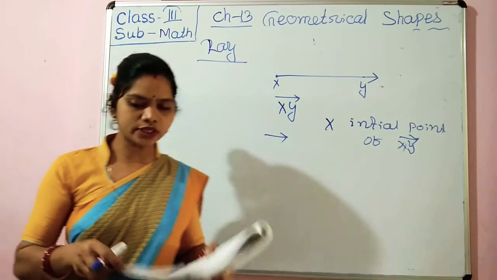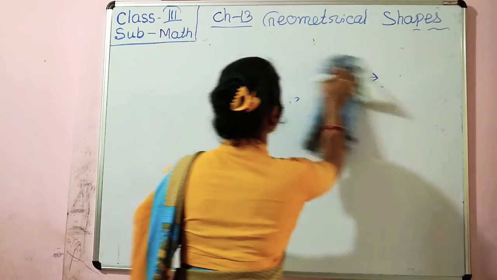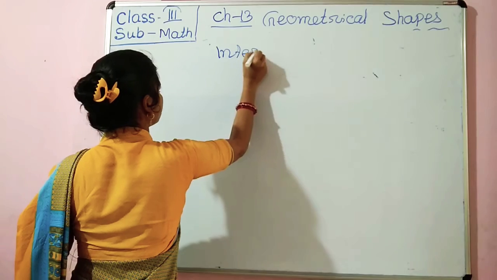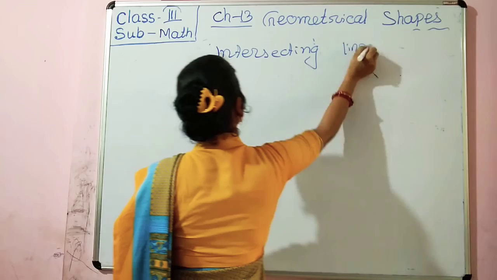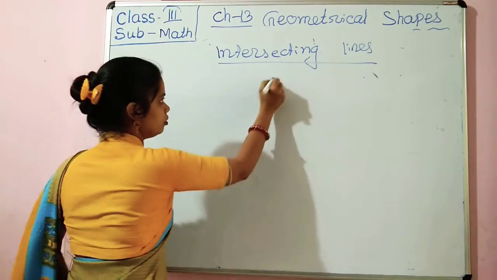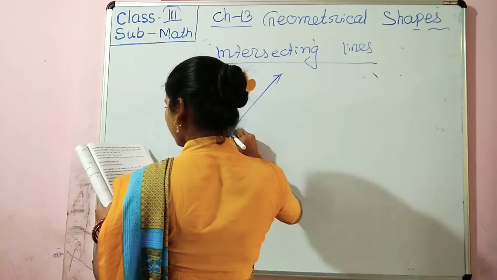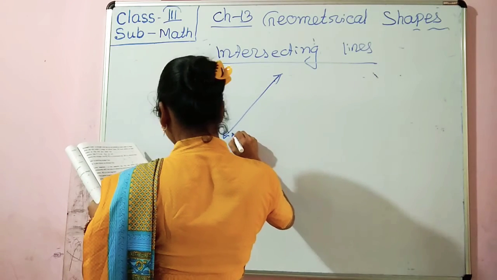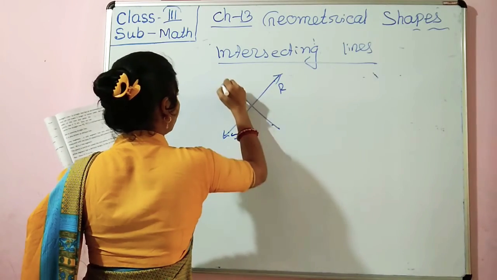Next we know the intersecting lines. Intersecting means what? Look, here is a straight line. Suppose the name is PQ.